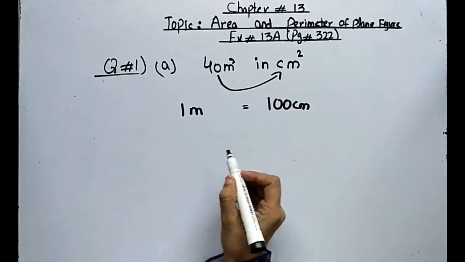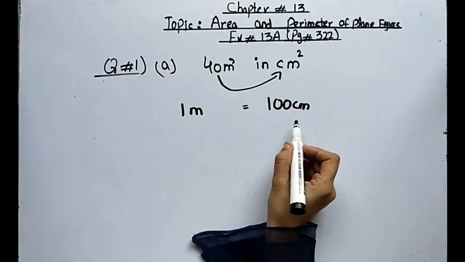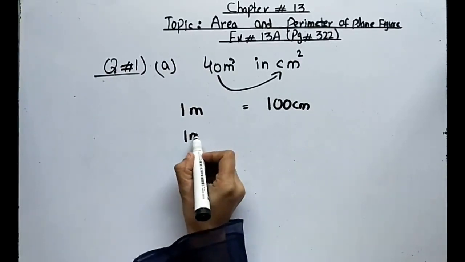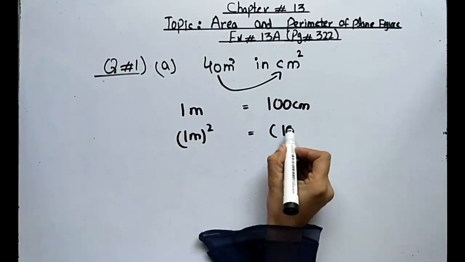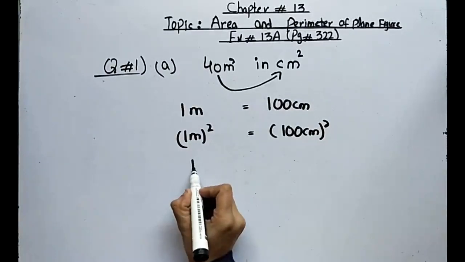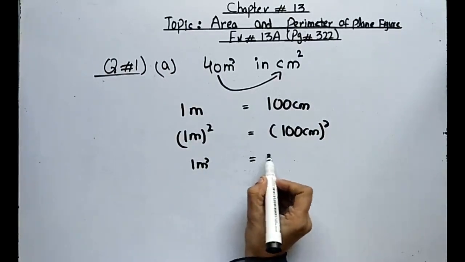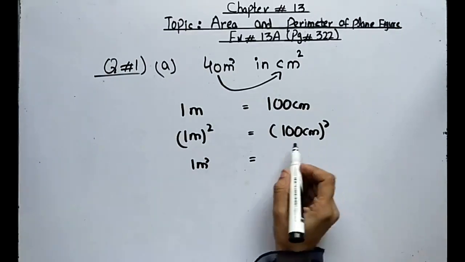As we have already learned in junior classes, 1 meter is equal to 100 centimeter. Then 1 meter square, which means we will take the square on both sides, will become how many centimeters? Take the square. So 1 meter square is equal to 100 centimeter square, meaning 100 will multiply 2 times.